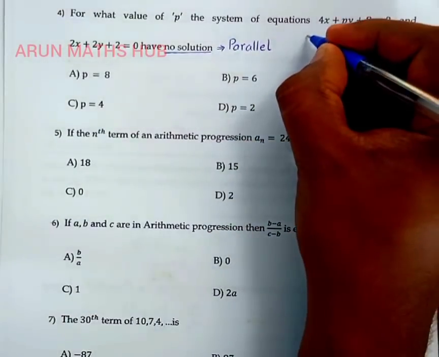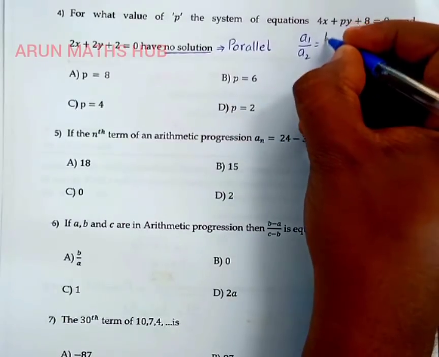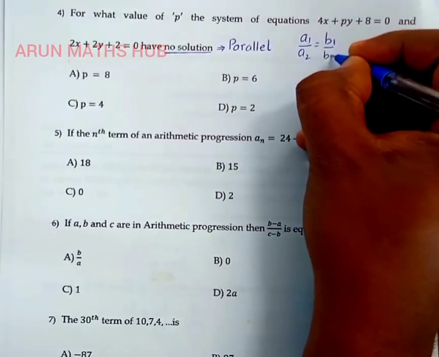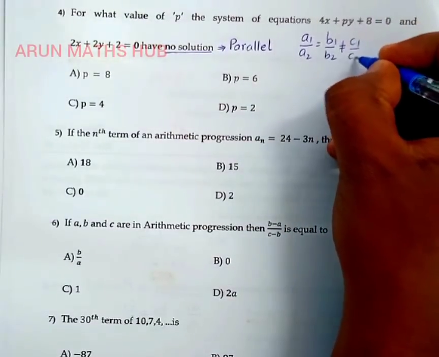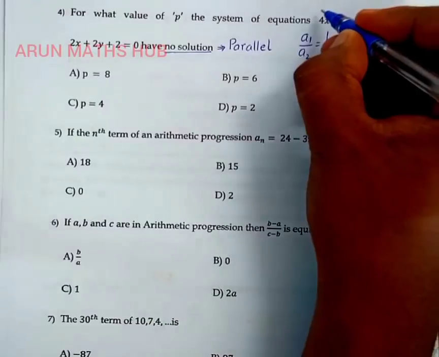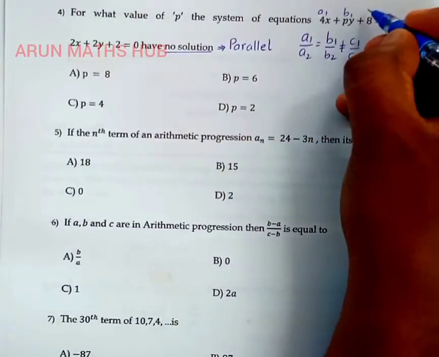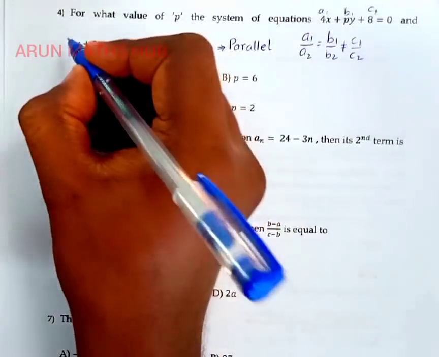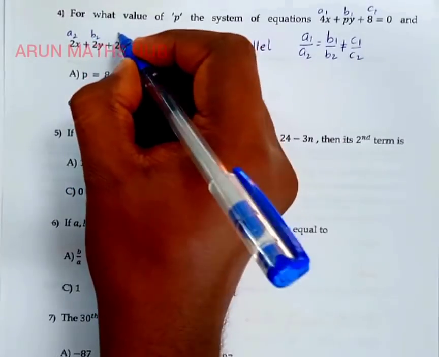For parallel lines, no solution. Now substitute the values a1, b1, c1 and a2, b2 and c2.